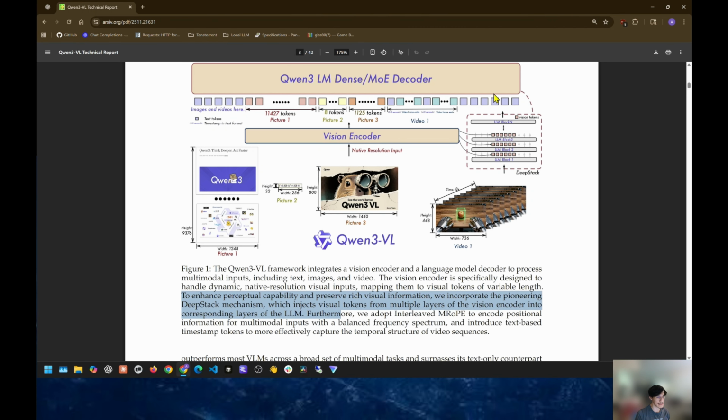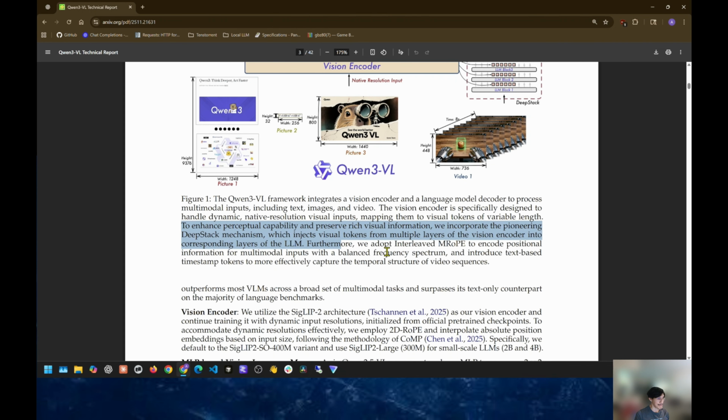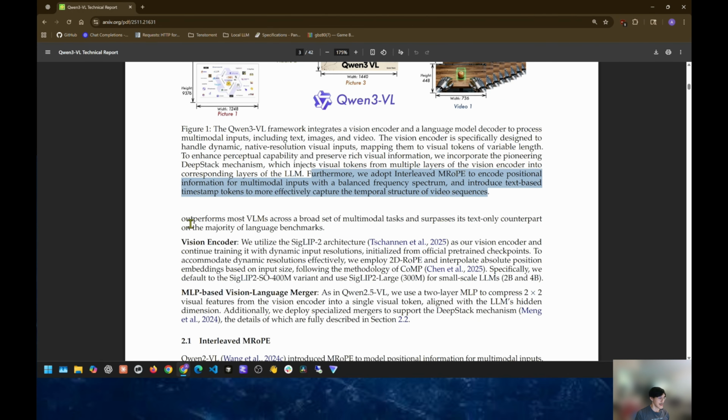So this is the DeepStack part right here. All the tokens of the vision parts are interleaved with the LLM stuff. Furthermore, we adopt interleaved mRoPE to encode positional information for multimodal inputs with a balanced frequency spectrum and introduce text-based timestamp tokens to more effectively capture the temporal structure of video sequences.